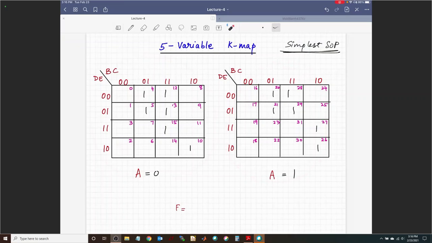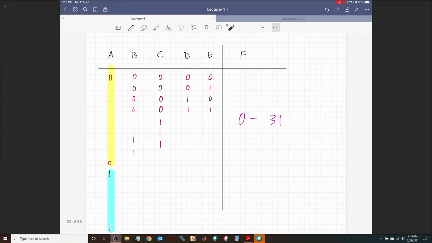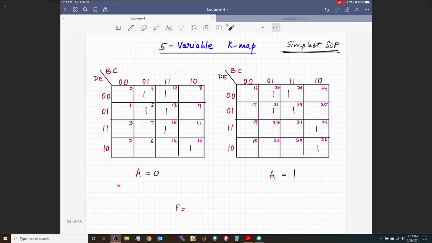That is why what I recommend, and this will save you a lot of time and headache, is when you look at your truth table and you have your most significant input variable, in this case it is A, choose that as the variable that distinguishes between the left 4 variable k-map and the right 4 variable k-map.